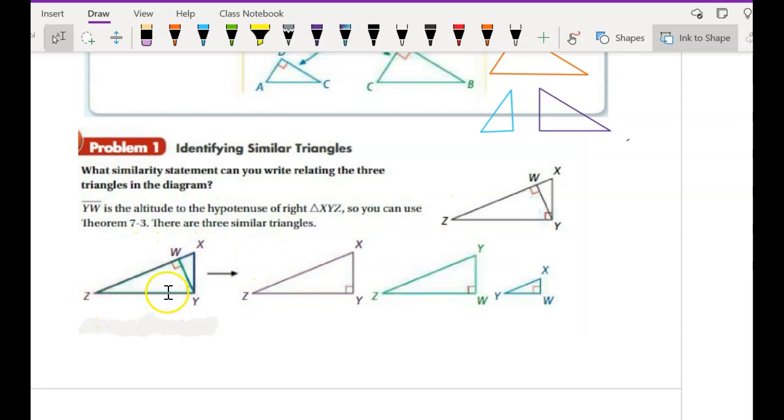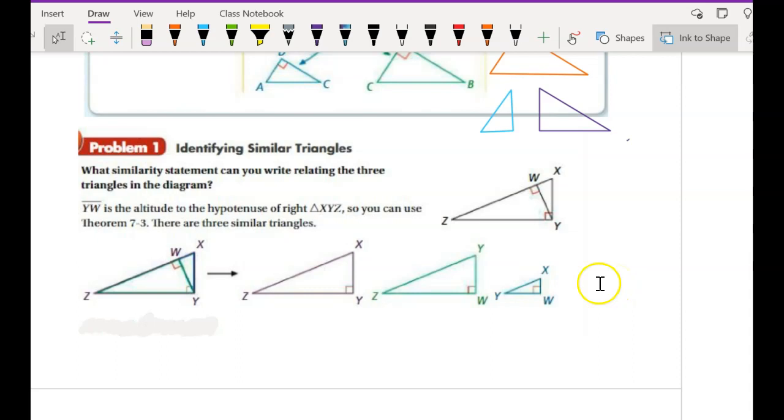So what they've done is they have taken the large triangle, the medium triangle, and the small triangle that was made, and they've placed them all where you can see how everything lays out.